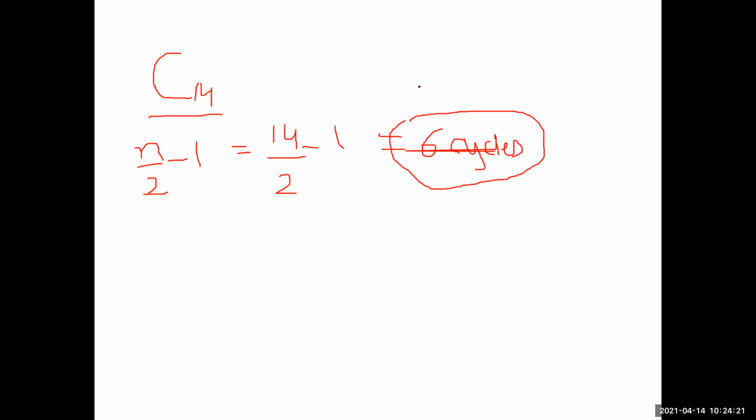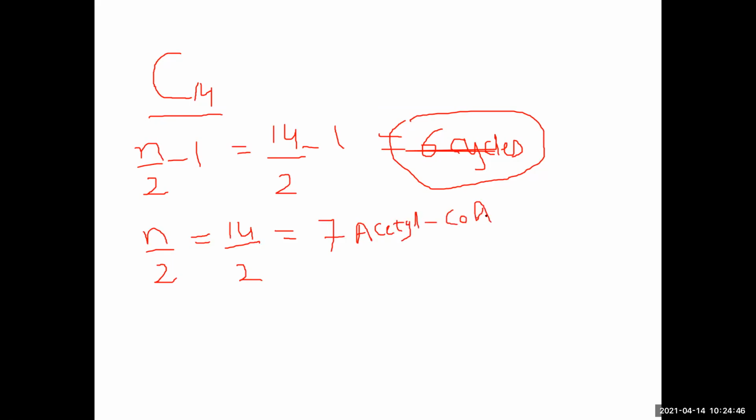Then I told you how to calculate the number of acetyl CoA. Simply, divide this 14 by 2. So n by 2, that is 14 by 2, tells me I have 7 acetyl CoA.